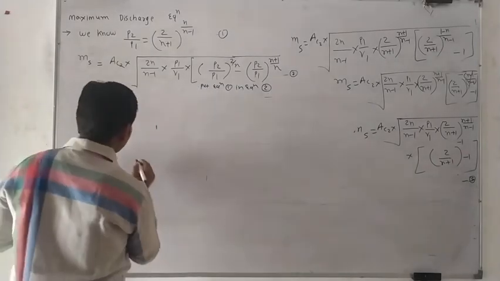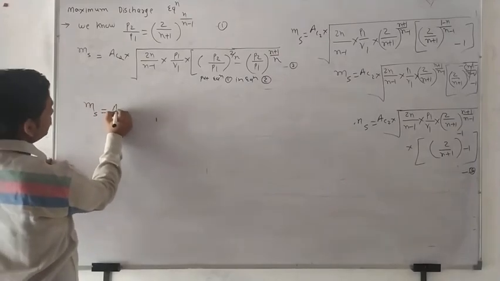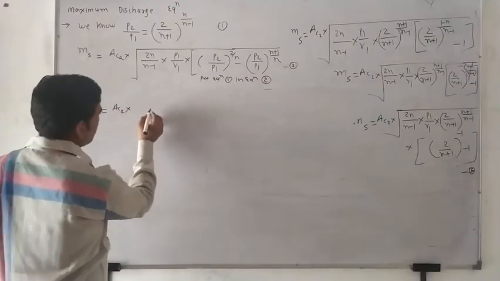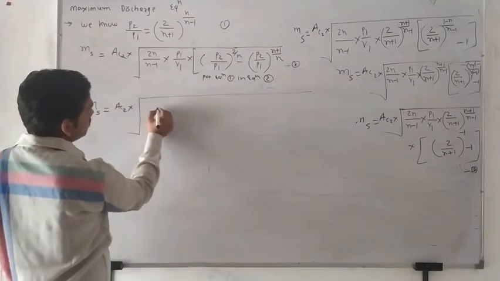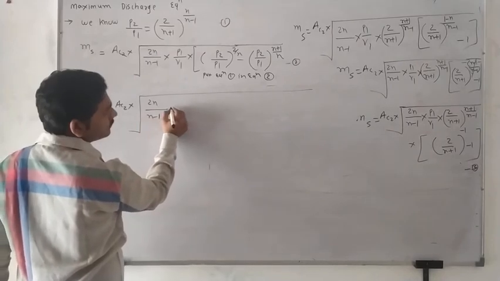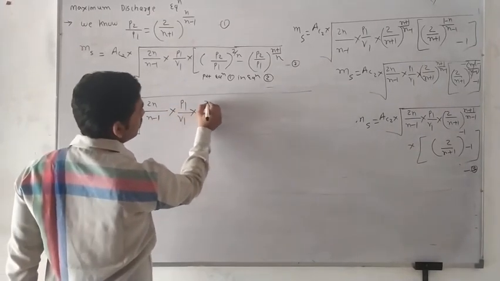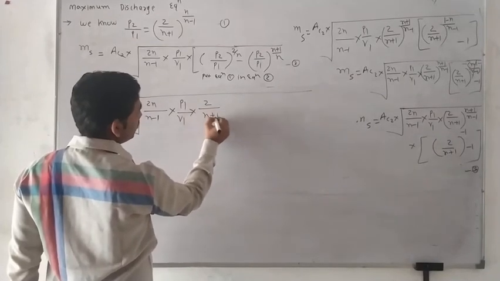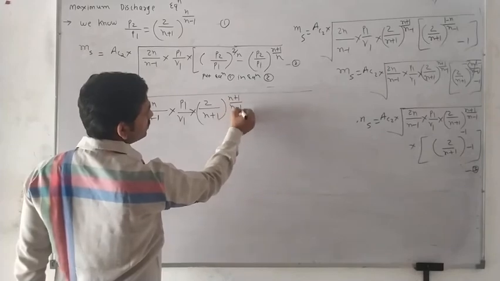So equation 4 adjustment, m_s equals A_c2 under root twice n minus 1 into P1 V1 [2 upon n plus 1] to the power n plus 1 upon n minus 1.